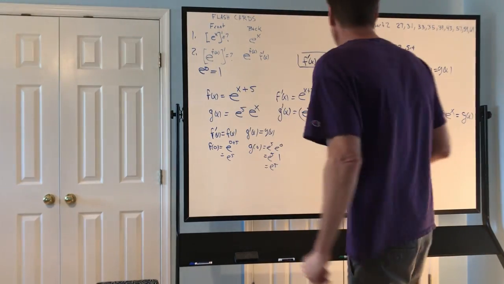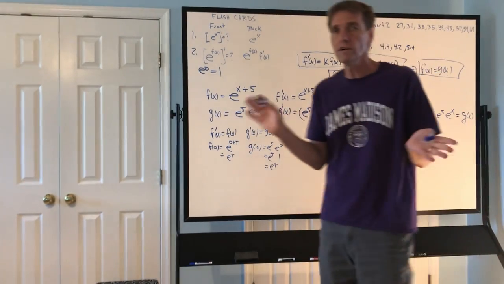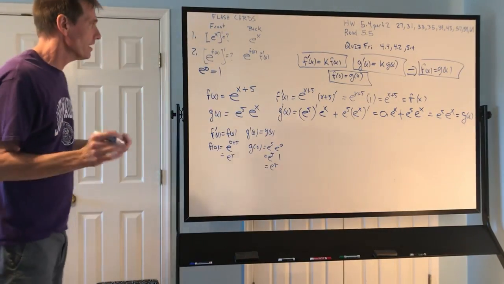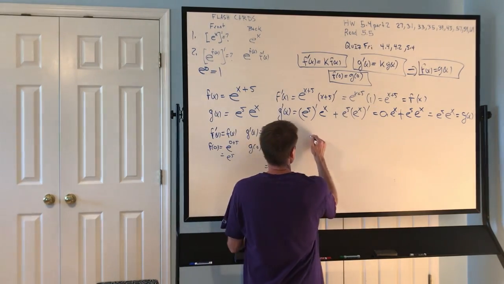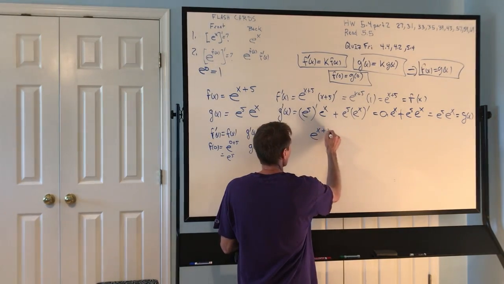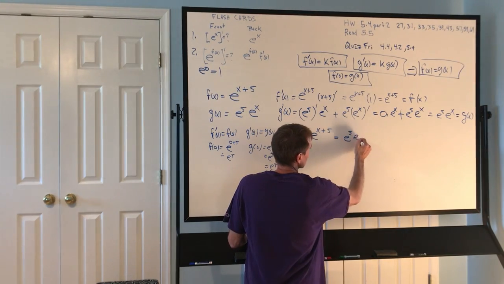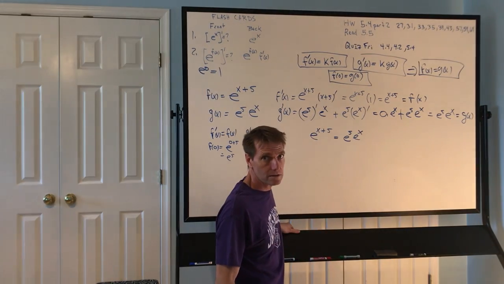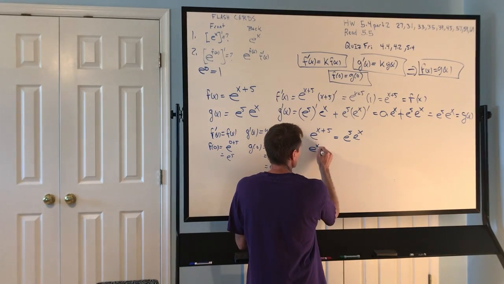What we showed then was that f of x has got to be the same thing as g of x, which would mean then that e to the x plus 5 is equal to e to the 5 times e to the x. Now I'm just going to switch this around using commutativity.